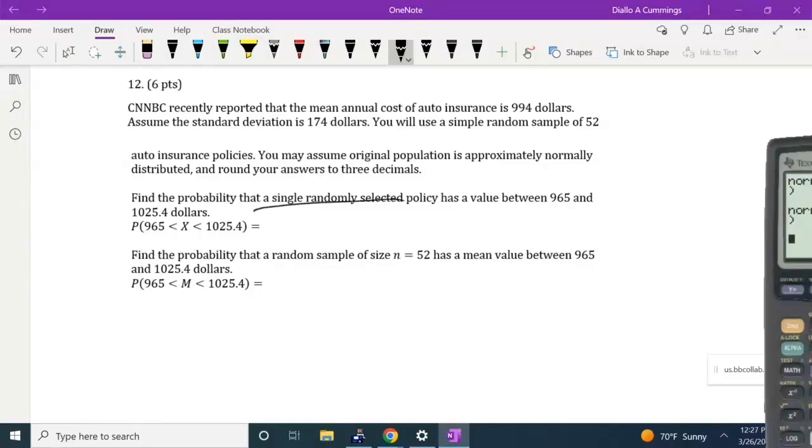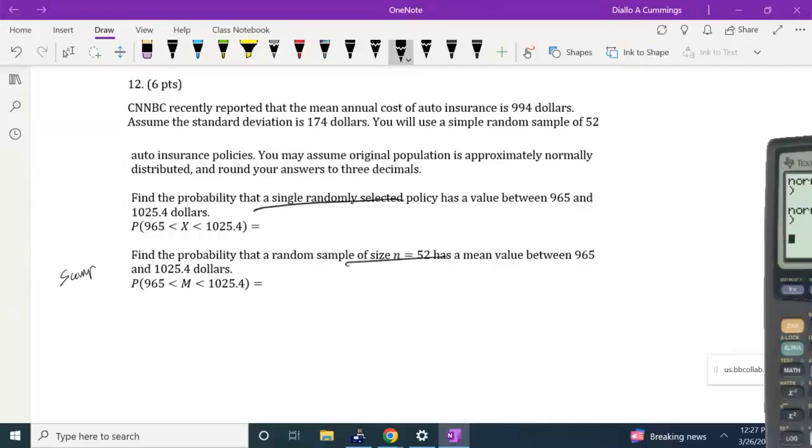Is that a sampling distribution, or is that the regular normal distribution? It says single, so that is the regular one. Look carefully at the second one. It says find the probability that a random sample of size n equals 52. So we're not choosing one item, we're choosing 52 items.